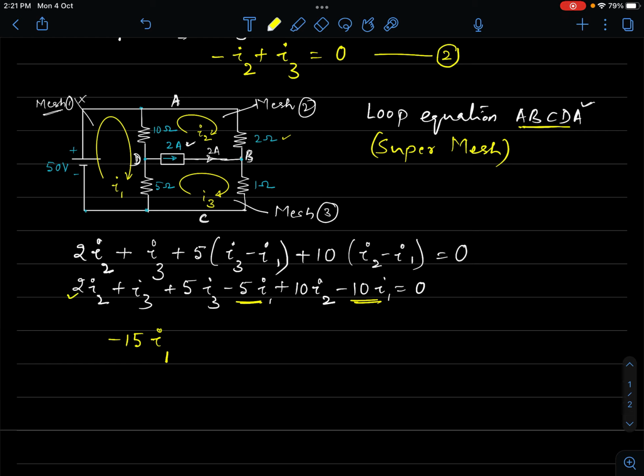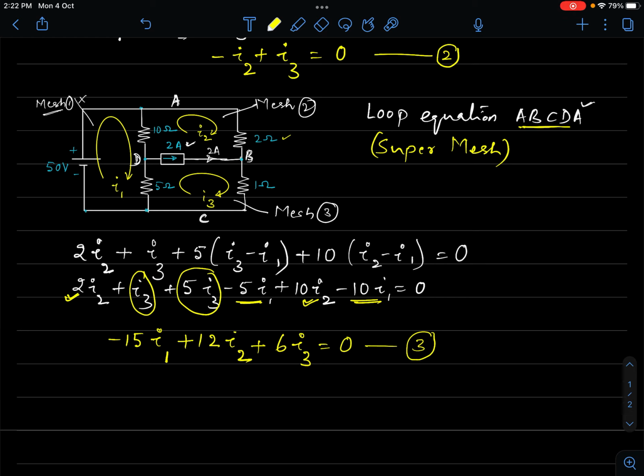How many I2s are there? 2I2 here, 10I2 here of the same sign, that would be 12I2. Then there is 5I3 and I3, that would be 6I3 equal to 0. This is equation 3. Done. 3 equations, 3 unknowns. Feed the matrices into the calculator and you will be able to solve.